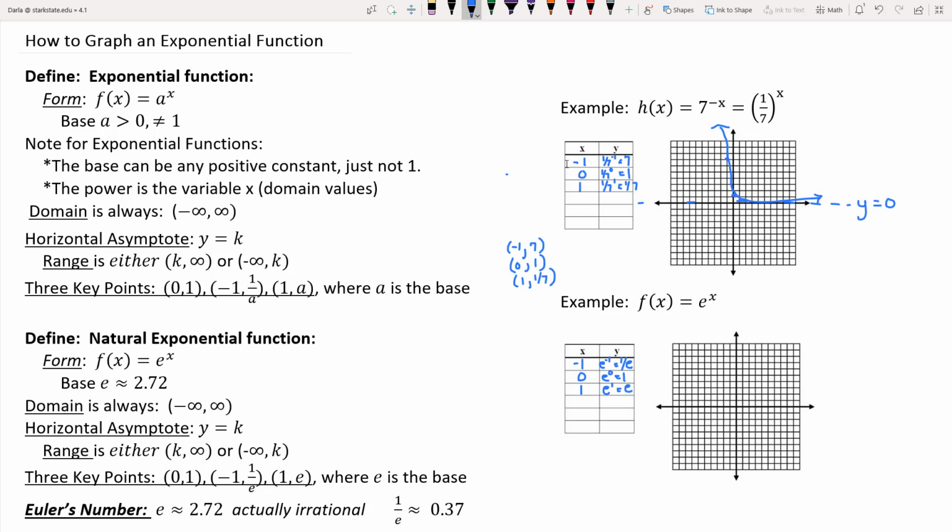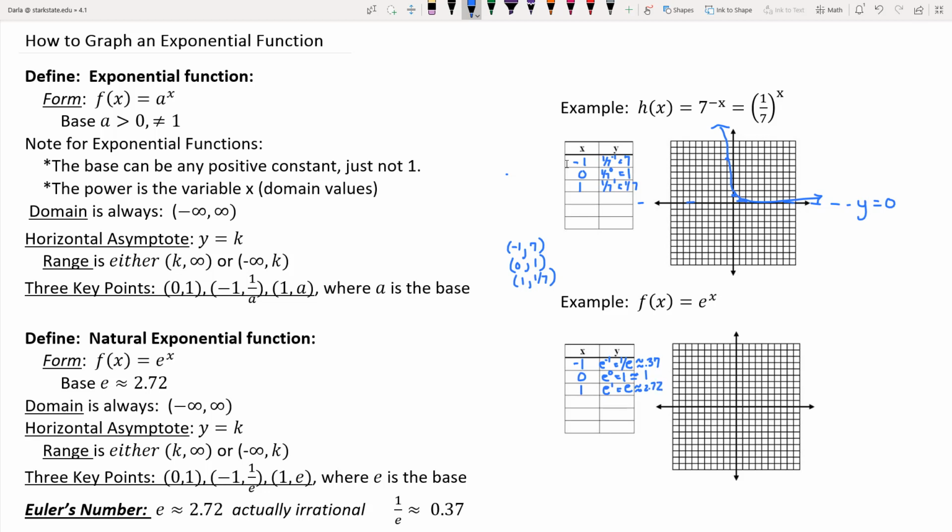And then 1 over e is approximately 0.37, which you can see on the left there, that I have it defined as that. e to the 0 is just going to be 1, and we already said that, but I'll just rewrite it again. And e to the first is approximately 2.72.